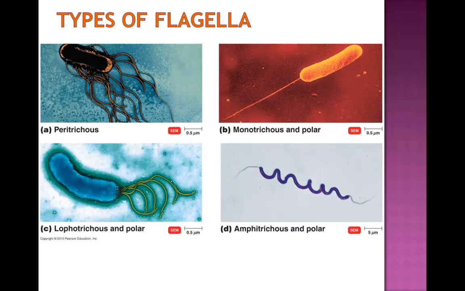Based on the type of flagella, bacteria can be classified as peritrichous, those that have the flagella uniformly distributed all around the body, monotrichous, only on one side, on one location, lophotrichous, several, and polar, meaning several on one side or the same pole, and amphitrichous, meaning a single flagellum located on each side of the pole.